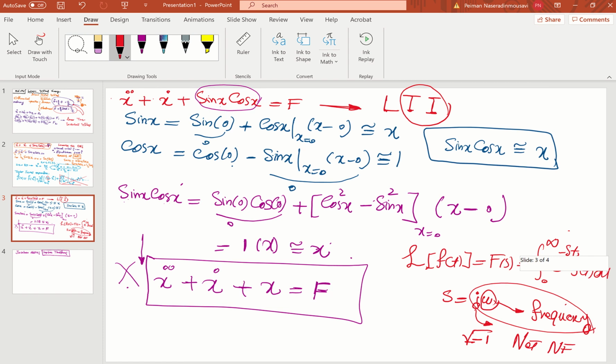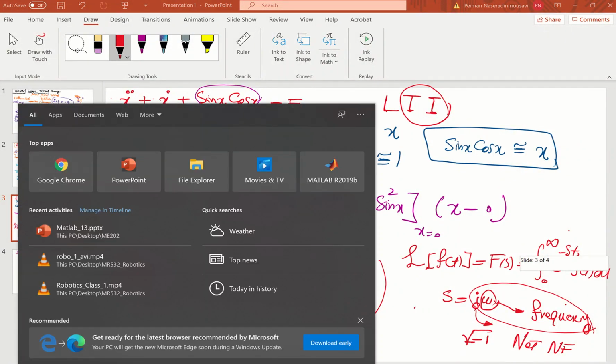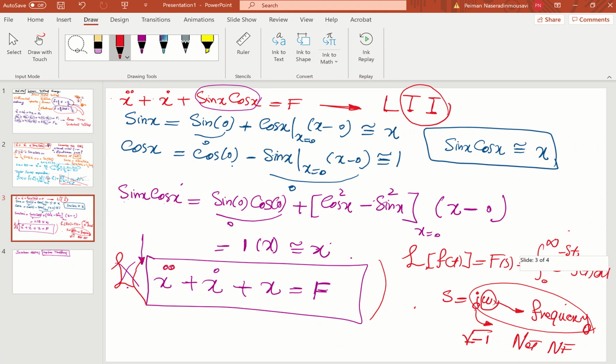So if I apply a Laplace transform to both sides of this equation by assuming that the initial conditions are 0, or refreshing your mind, you know that x double dot, when it comes to the s domain or frequency domain, you're going to have s square x of s, plus s x of s plus x of s is equal to f of s.